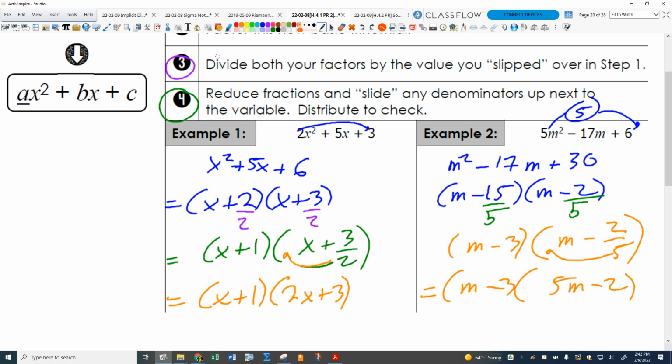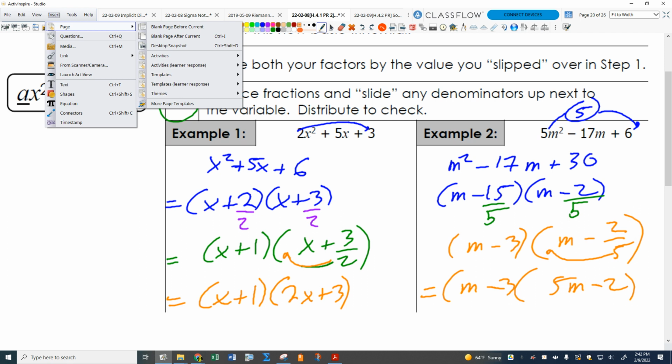these, right? Now, I know that if I take this problem right here, 2x squared plus 5x plus 3, if I'm going to factor, what's that going to look like? What would my template look like?